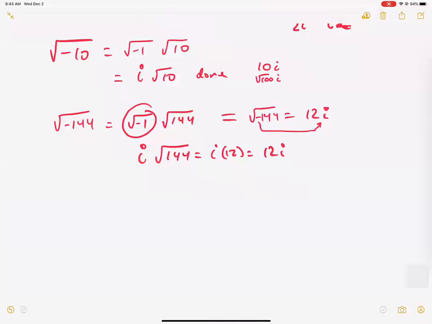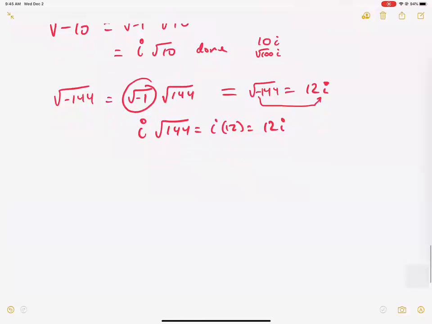Now we have a couple of rules for multiplying imaginary numbers. Here's the example. If I say square root of 4 times the square root of negative 5, you could write this as one big square root. That would be square root of negative 20. And let's see, will this change versus me just going straight down?